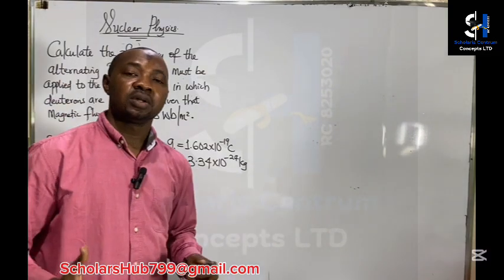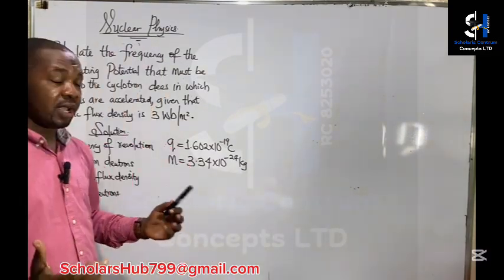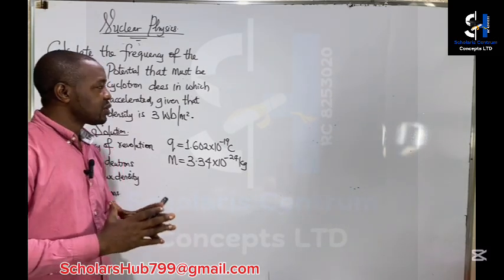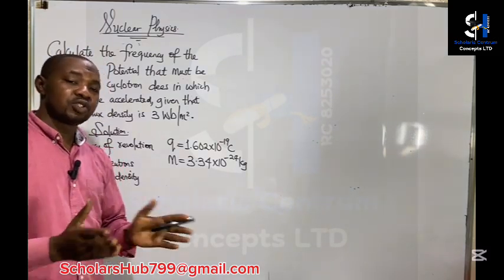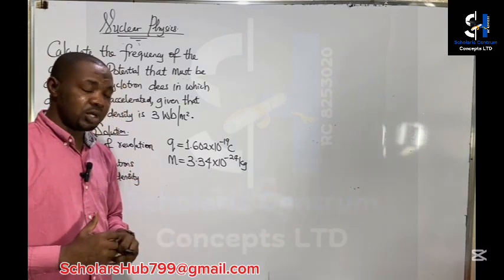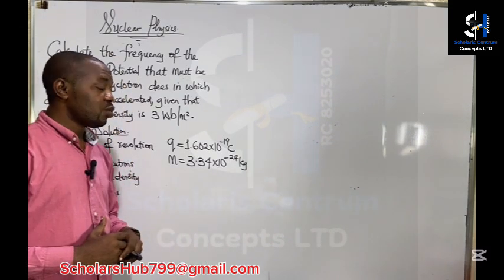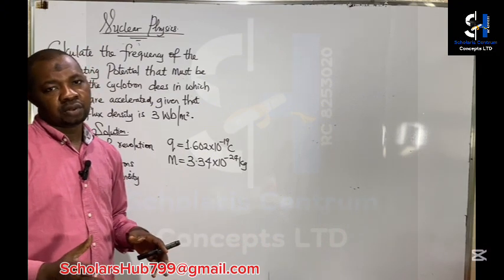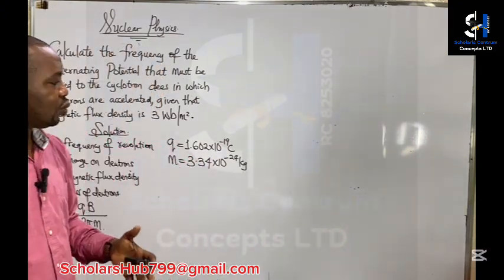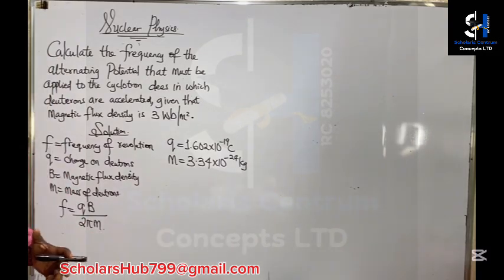Like I explained in one of my videos, most times I come across questions where we are not given some values because it is assumed that we already know them.